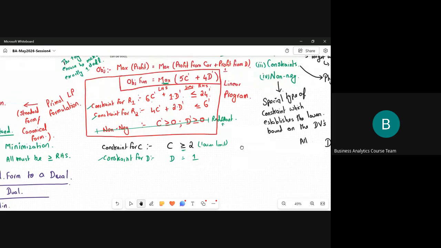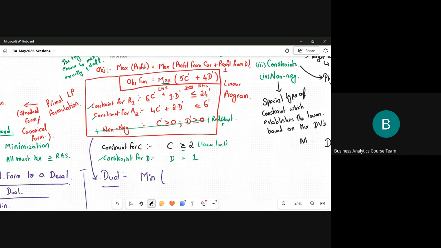So let's apply our rule. We are going to create the formulation for this red, which is in standard form, because it's maximization, less than or equal to. So all our requirements are met. So we are directly going to convert this to the dual. So what is the dual of this red box? First one, maximization will become minimization.